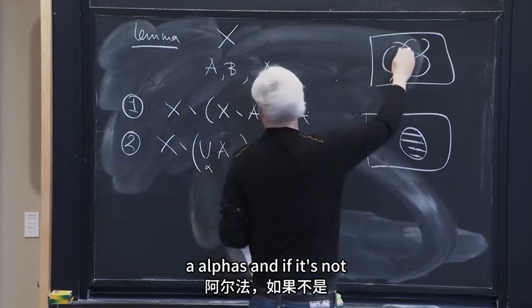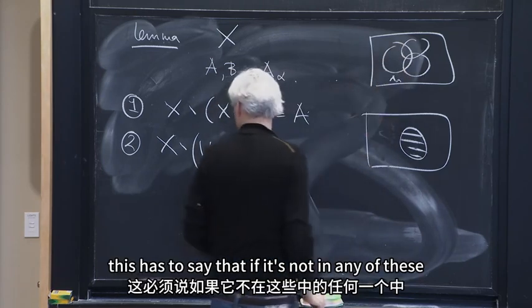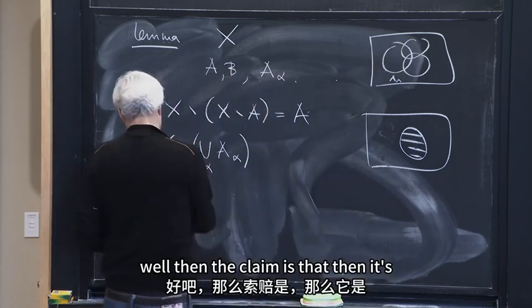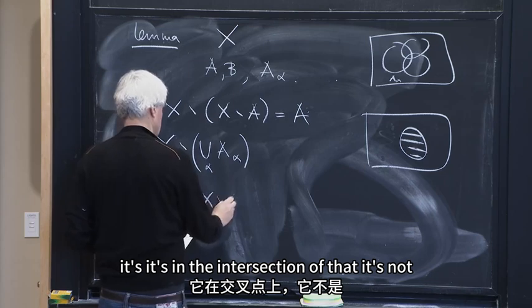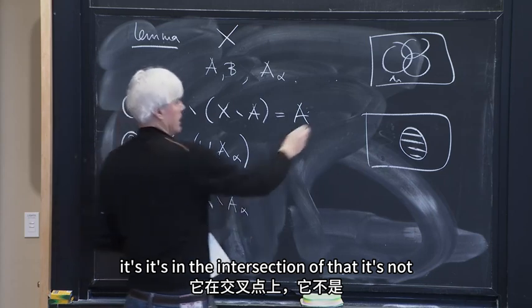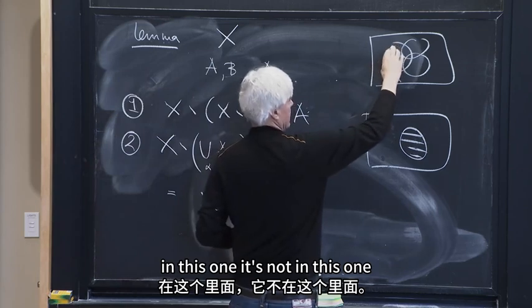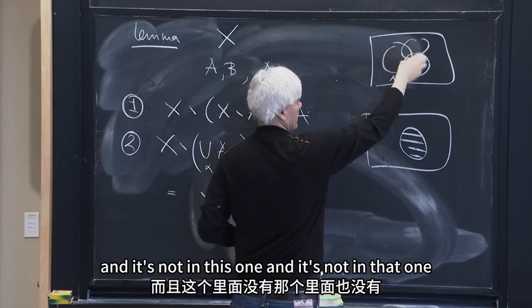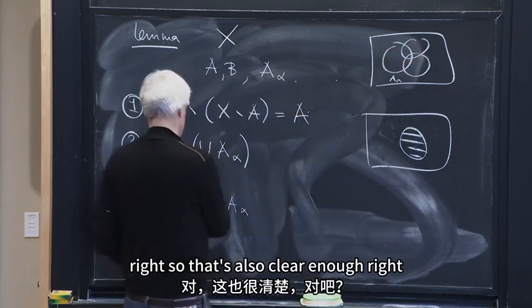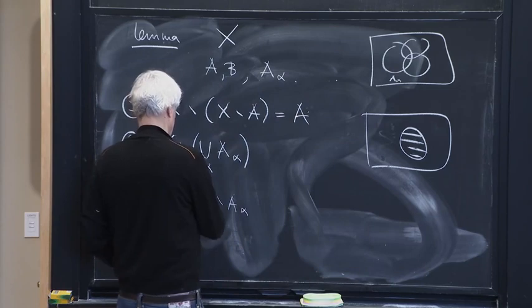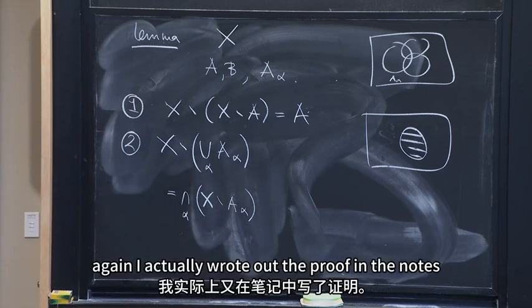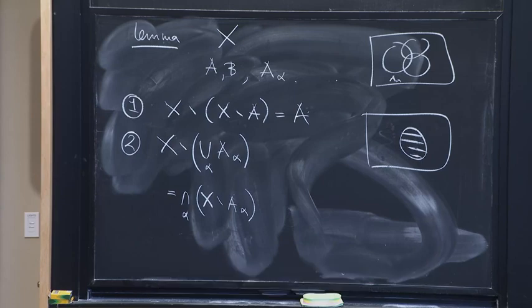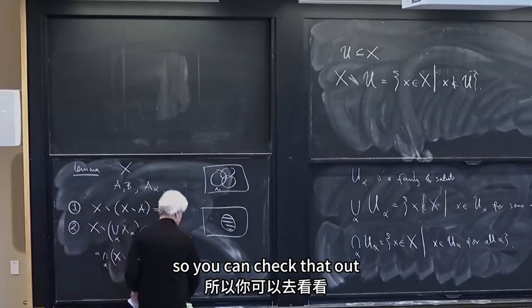If it's not in any of these, then the claim is that it's in the intersection of the complements: it's not in this one, it's not in this one, and it's not in that one. So that's also clear enough. So this is the second one. Again, I actually wrote out the proof in the notes, so you can check that out.